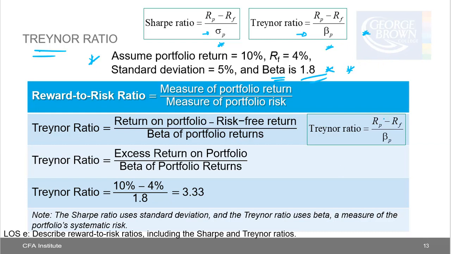So the Treynor ratio has the same numerator, return to the portfolio minus the risk-free rate. On the denominator, we're going to use the beta. So here we can see we calculated the Treynor ratio as 3.33. Okay, the Sharpe ratio uses standard deviation. The Treynor ratio uses beta, which is a measure of the portfolio's systematic risk or market risk.